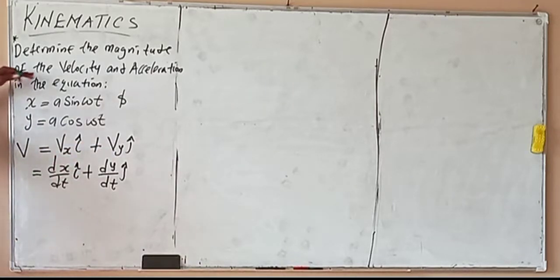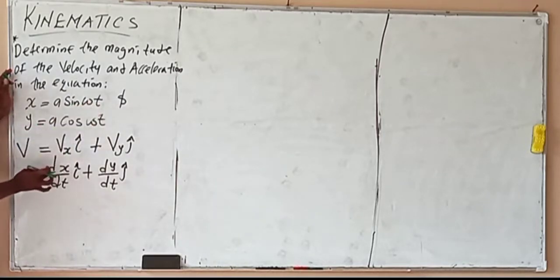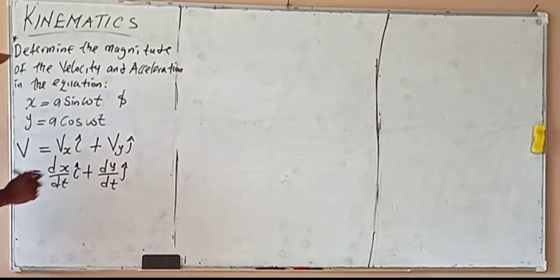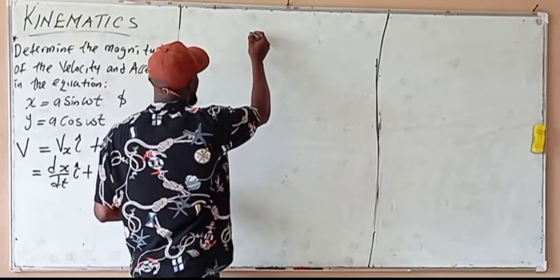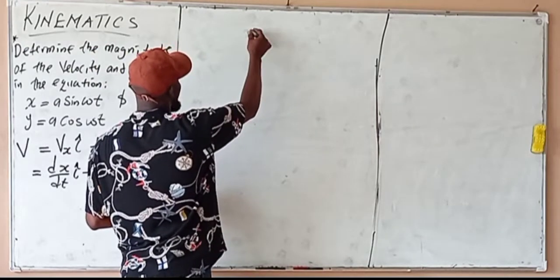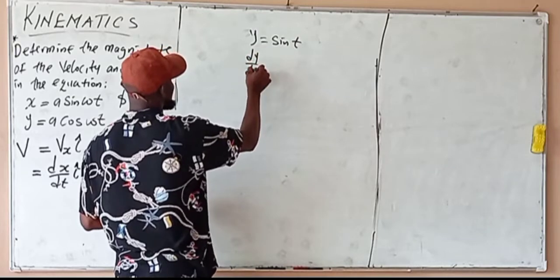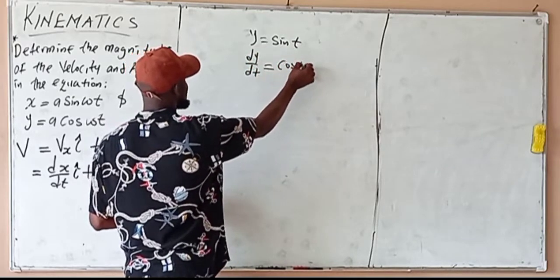So we are asked to look for the magnitude of the velocity and acceleration. So let's look for the velocity first. Now, how are we going to differentiate this? Simply, if you have y equal to sine t and you differentiate it, it will be cos t.